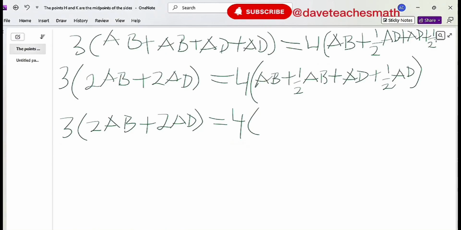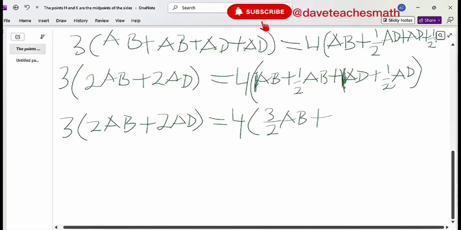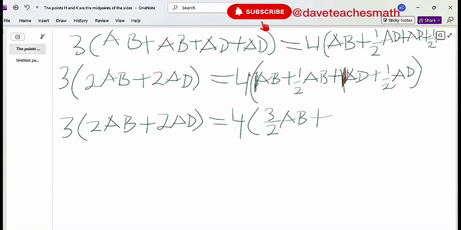When we add, we have 1 plus half, which gives us 1.5, the same as 3 over 2 AB, plus 1 plus 1 over 2, which gives us 3 over 2 AD, bracket close.